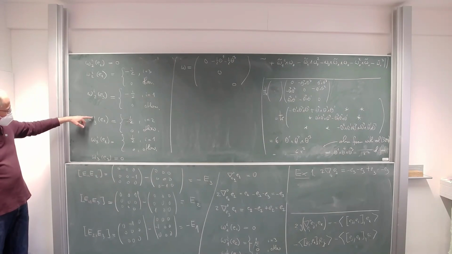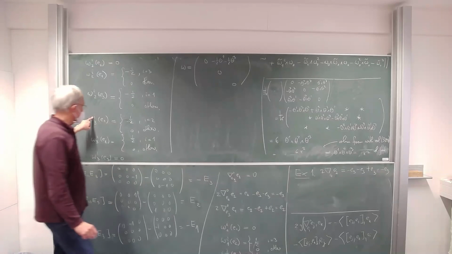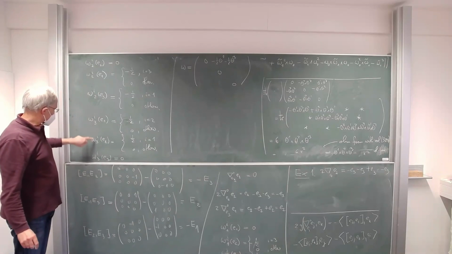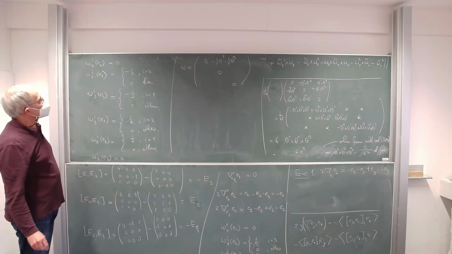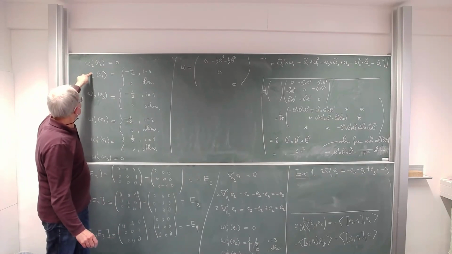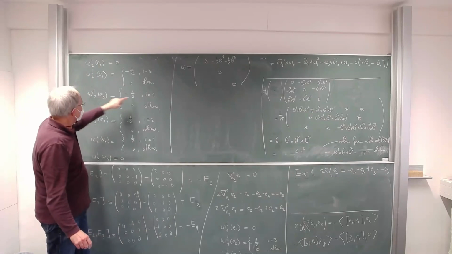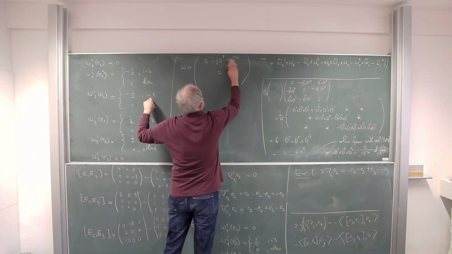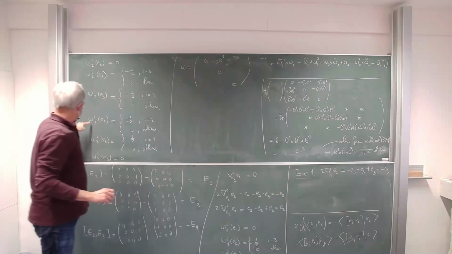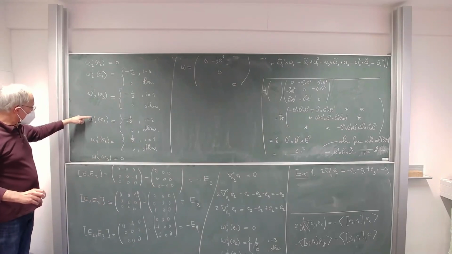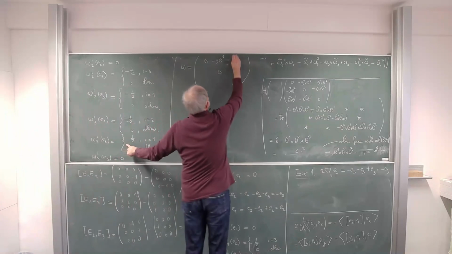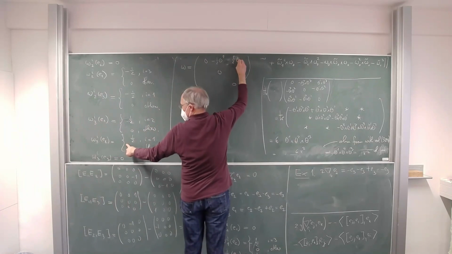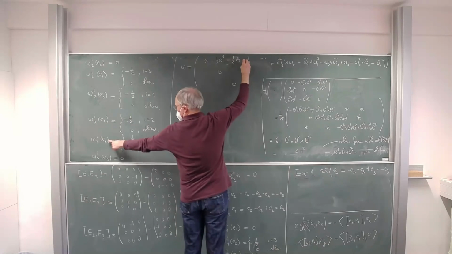So the 1-3 term I get from here by putting I equals 1. This gives me only this contribution, sorry. And here I also have to put I equals 1, and the only contribution that I get is this one, which gives me plus 1/2 theta 2.